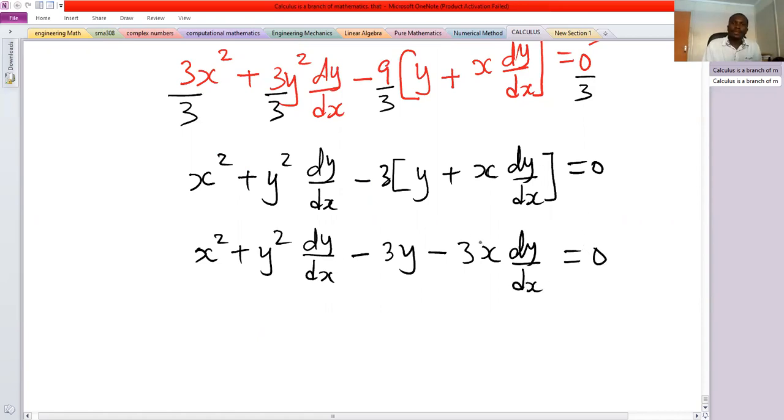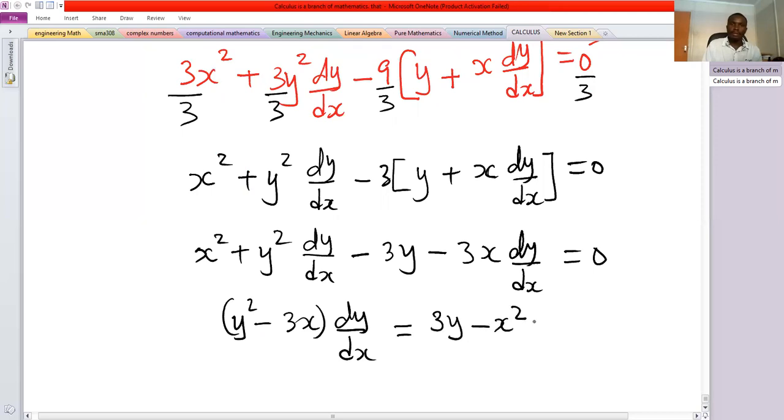Now collecting terms with dy/dx, we have (y squared minus 3x) dy/dx equals, taking the other terms to the right, 3y minus x squared.